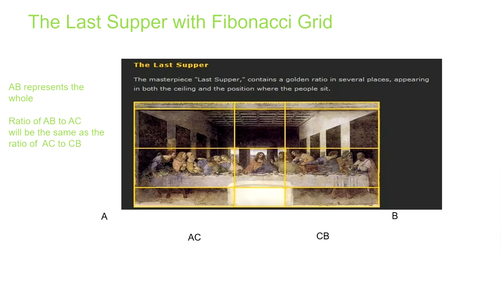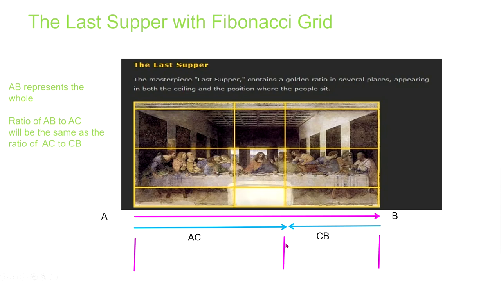So if we have the A to B that represents the whole, then the ratio of the AB to AC is going to be the same as the ratio of AC to CB. So we can further outline that in this painting. So here's those ratios, and we can divide this painting by using those ratios.